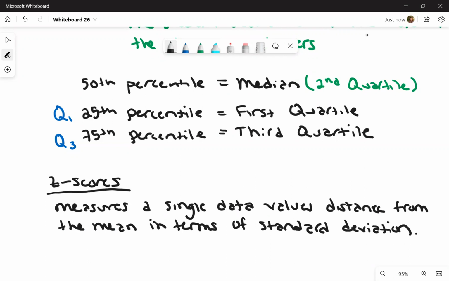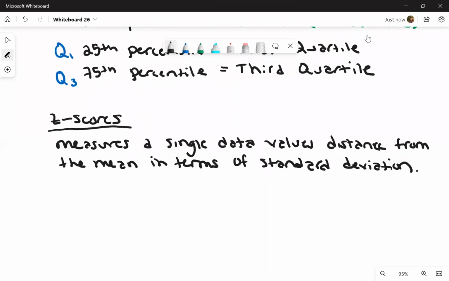So it has a formula, but let me give an example really quick of what that means, okay?